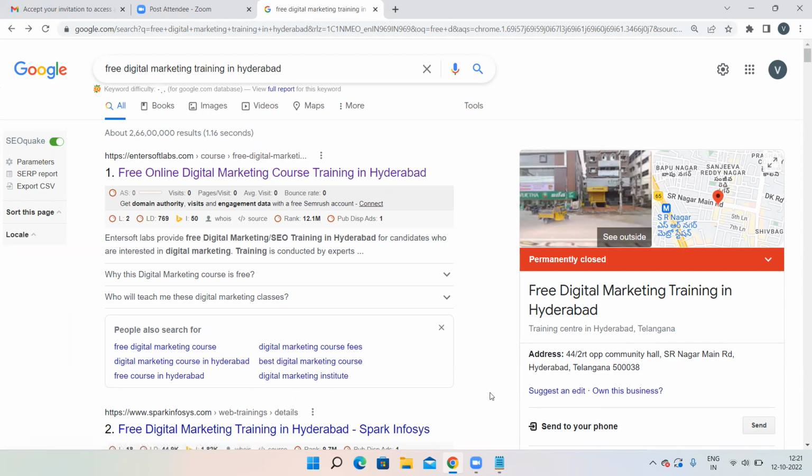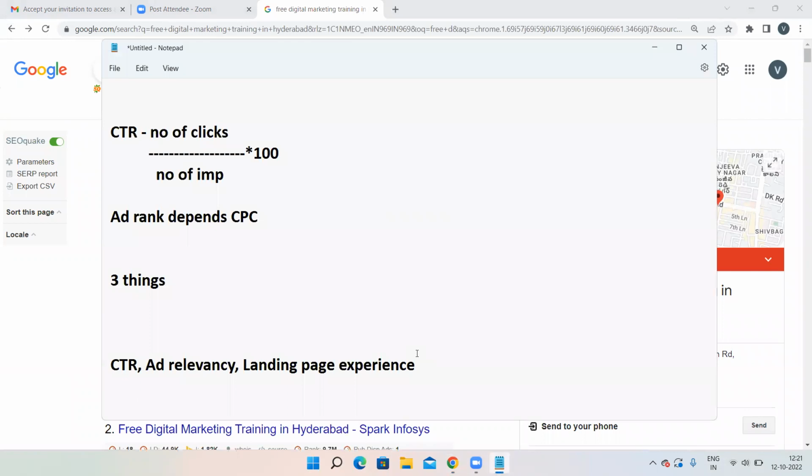Out of all three things, that is CTR, ad relevancy and landing page experience, CTR holds the highest value. CTR is the most important. Ad relevancy, obviously, you can handle by marking negative keywords. Here also, when someone clicks on your advertisement, they will land on your website properly, so you will not face any problem.